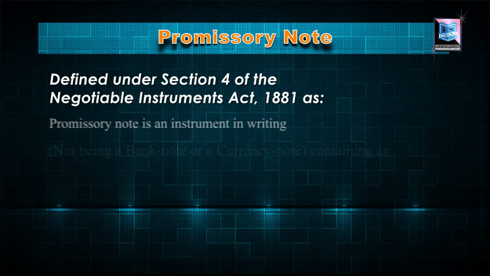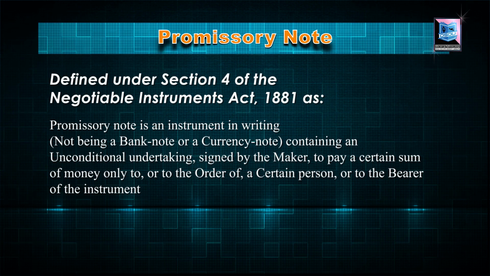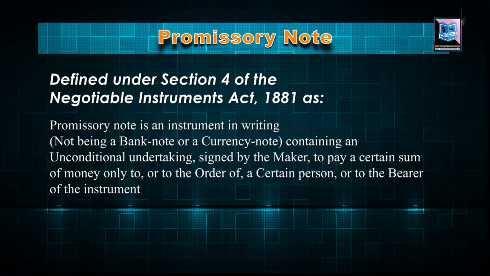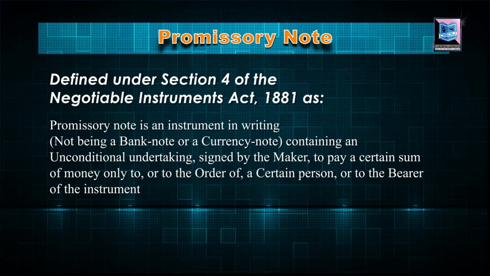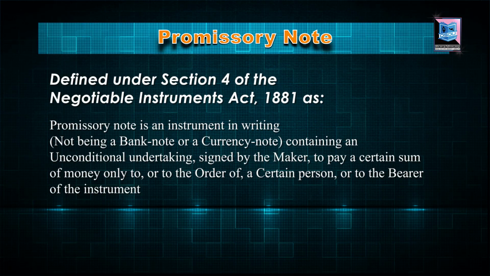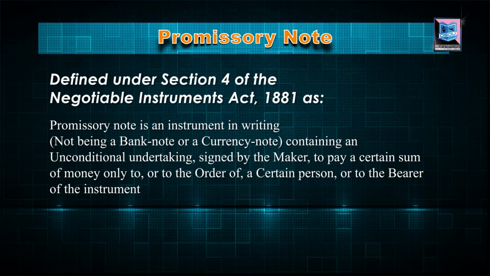Coming to these terms, first one is the promissory note. The term promissory note is defined under section 4 of the Negotiable Instruments Act of 1881. One thing very important in this regard, it is not the bank note or the currency note. Now coming to this definition, the promissory note is always an instrument which is in writing. It must be in writing and it must be made by the maker.